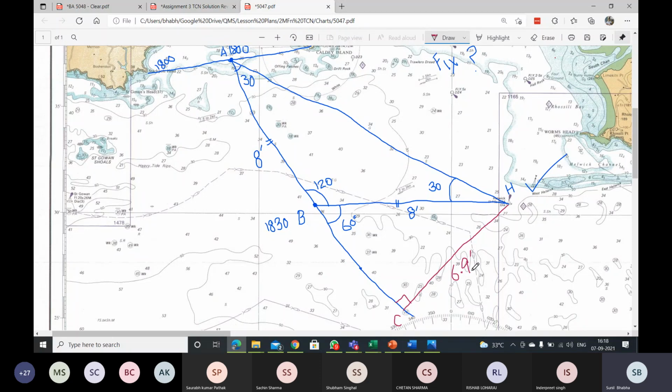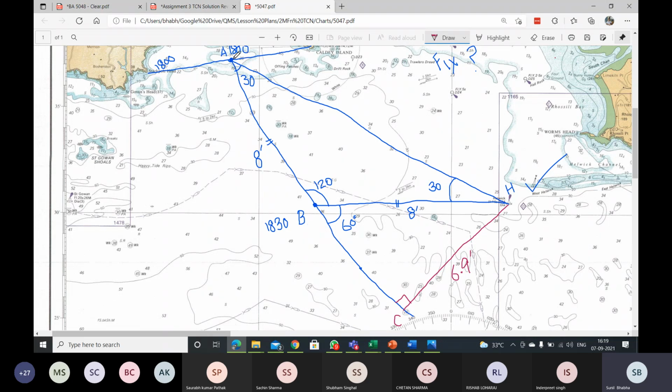Now look at this bigger triangle, Alpha Hotel Charlie, AHC. Now this is a right angle triangle. We know side CH, it is 6.9 miles, and we know angle A, it is 30 degrees.